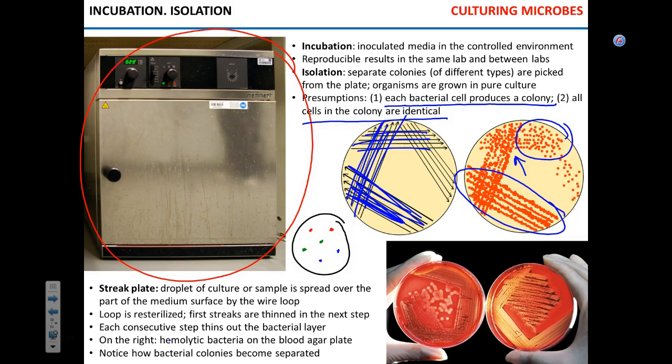And then you sterilize the loop again, and you dilute the population again. So here you can see how practically indistinguishable colonies become more and more diluted to the end. Do you see that? So this is called a streak plate. We're going to do the streak plate isolation on Tuesday next week.